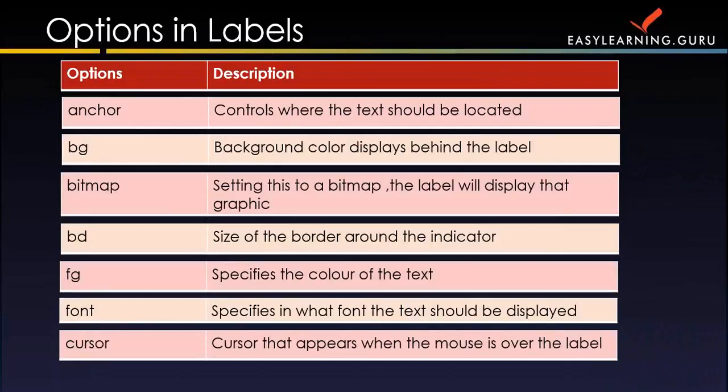If you set this option to a cursor name, that is arrow, dot, etc., the mouse cursor will change to that pattern when it is over the label. This is just for which cursor to be shown when the mouse is moved over the label. The default is to use the standard cursor.